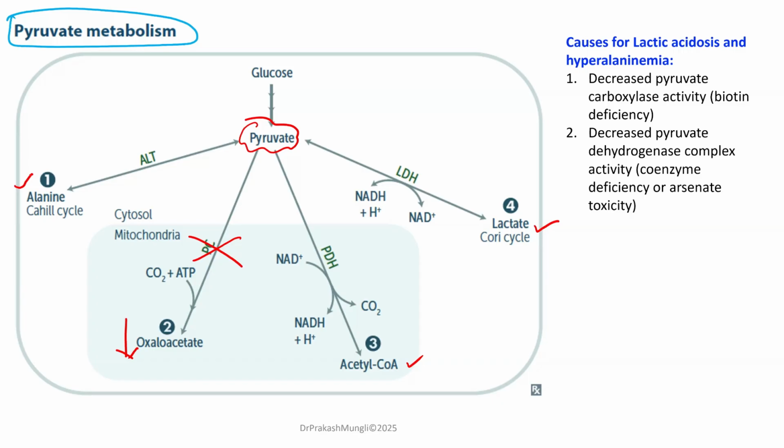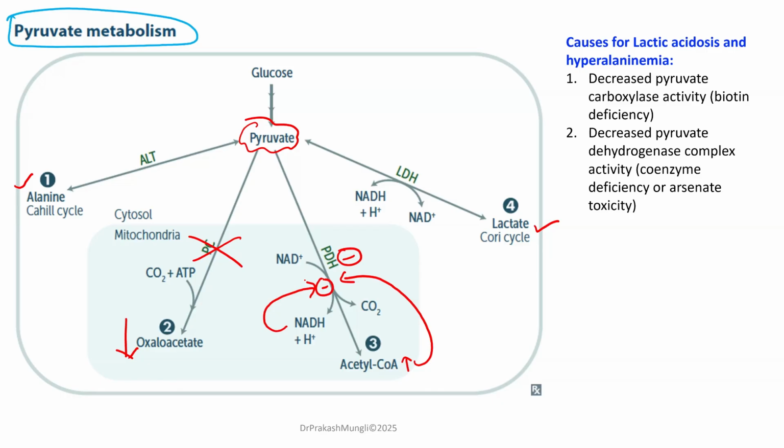When pyruvate is diverted into acetyl-CoA, initially this acetyl-CoA may build up, but what is the effect of increased acetyl-CoA on PDC? Negative, inhibitory, right? So this will have a negative effect on PDC. And also this NADH, which is initially building up, will have a negative effect on PDC.